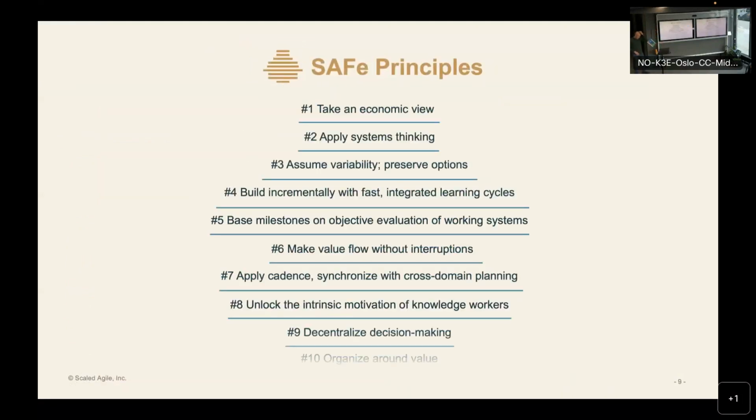But what I think is at least some of the core concepts to understand with SAFe is the 10 principles. And these could come in a combination. I will take one example. If we look at number 3, assume variability, preserve options.